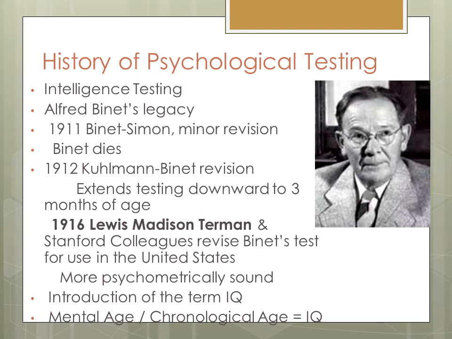So with Terman and the Stanford colleagues revising Binet's test, they were able to get the formula for the intelligent quotient. So that's mental age over chronological age, and that's the equivalent would be IQ.